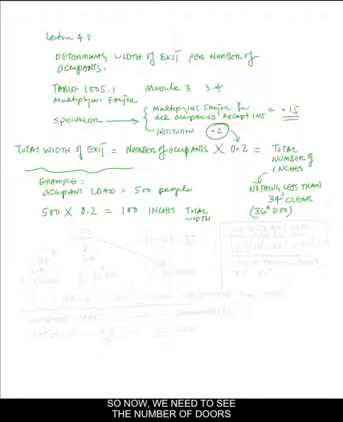So now we need to see the number of doors that will fit in. If I go for 100-inch total, so one 34-inch clear, that is one 36-inch door. That leaves us with 66.